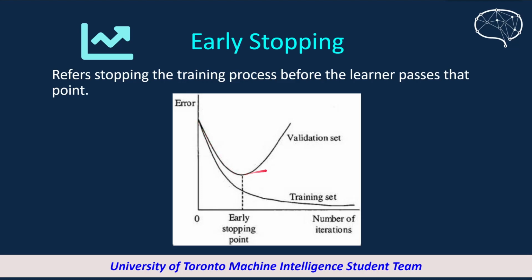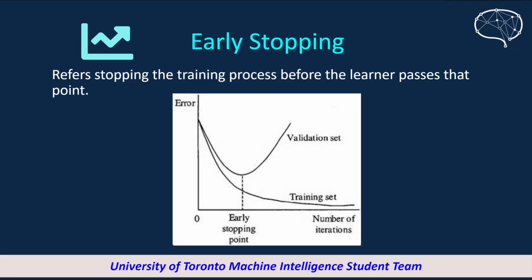And once you see that the validation error has gone up, you go back to the point where it's the lowest and use the checkpoint somewhere here. So you take that as your final model. Yeah, so that's all for the methods of preventing overfitting.